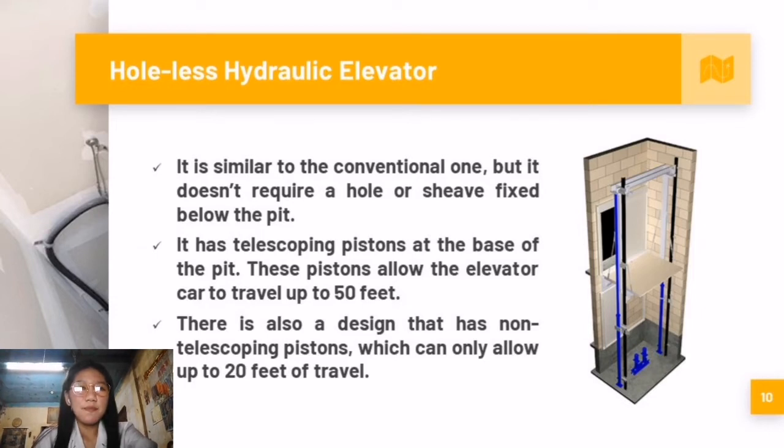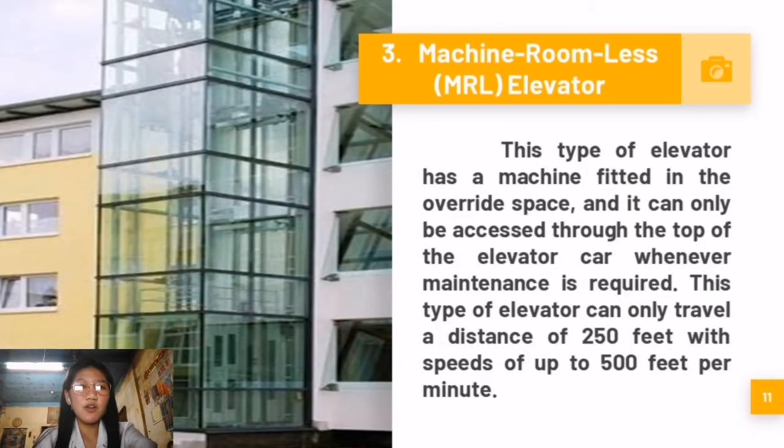The next type of elevator is the machine roomless or MRL elevator. This type of elevator has a machine fitted in the override space, and it can only be accessed through the top of the elevator car whenever maintenance is required. This type of elevator can only travel a distance of 250 feet with a speed of up to 500 feet per minute.